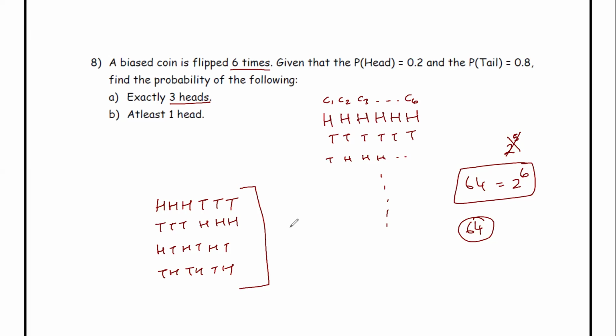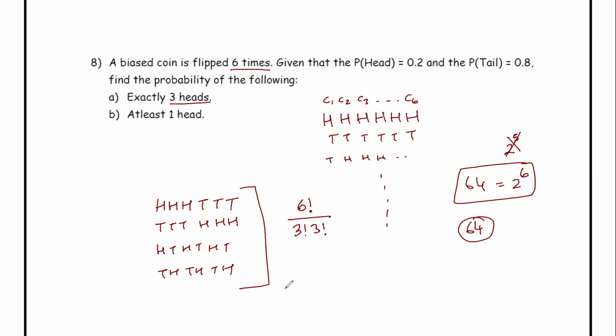Under the arrangement of letters, this concept comes in. So there are 6 letters, so 6 factorial, and to get rid of the repetitions, it will be 3 factorial by 3 factorial.